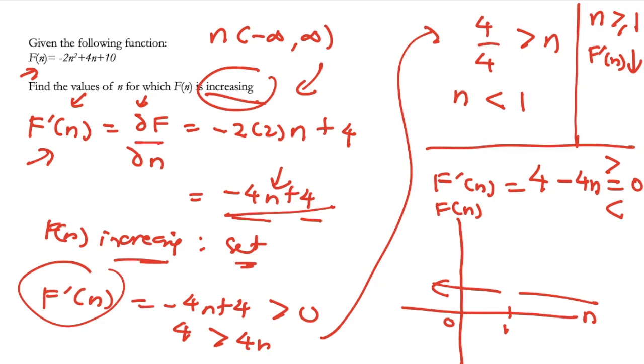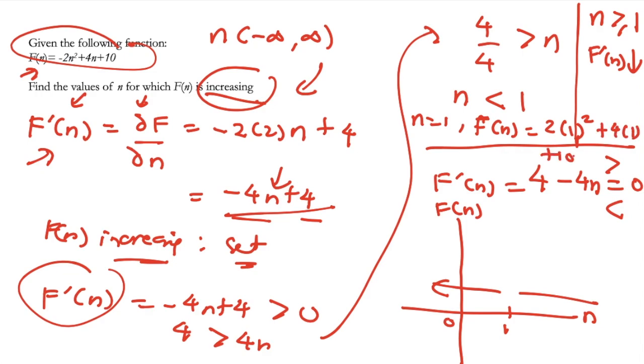Then you need to find the value of fn also. You know that n is at this point, n is equivalent to 1. When n equivalent to 1, fn is what? Use this function, substitute n equivalent to 1: 2 times 1 squared plus 4 times 1 plus 10.